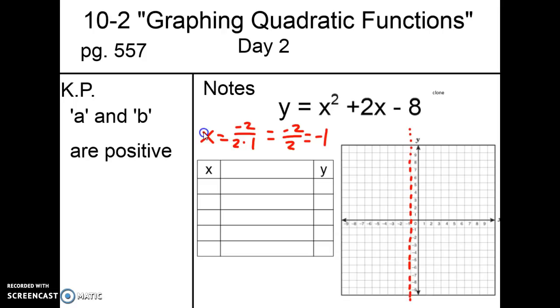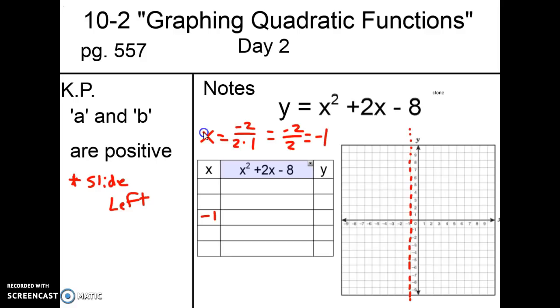Hopefully you can see already that when A and B are positive, it's going to slide to the left. And -1 is right here, and we'll do a little computer trick and slide that down. So we have x squared plus 2x minus 8.